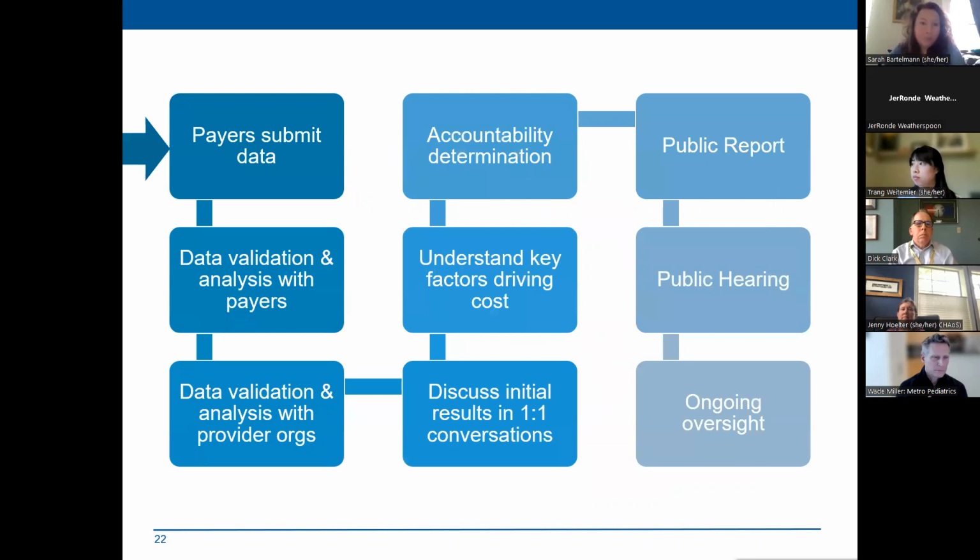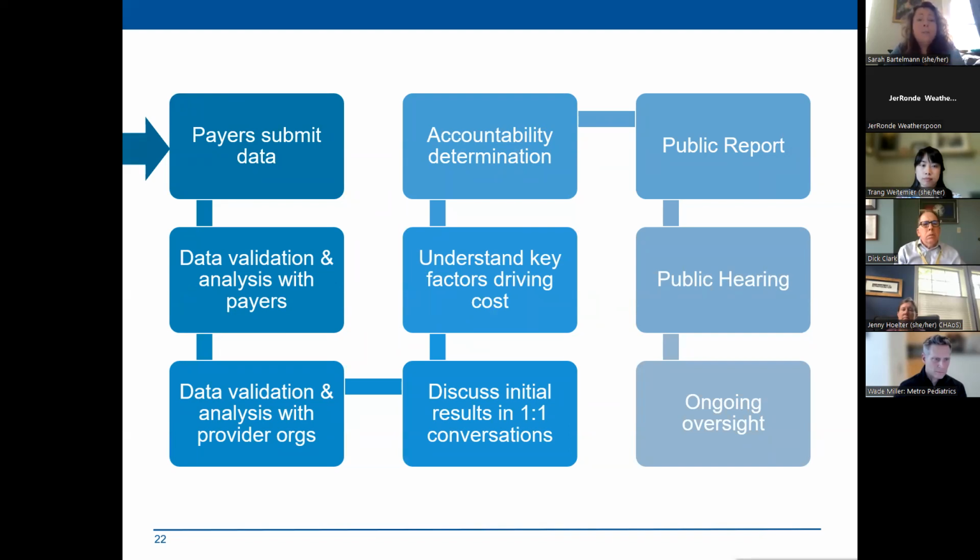Slightly more process focused. Every year, we will also be going through this process as part of that cycle. So the data for this program comes from the payers, and every year the payers submit data to our program, and we go through a data validation and analysis, first with the payers and then with you, the providers.